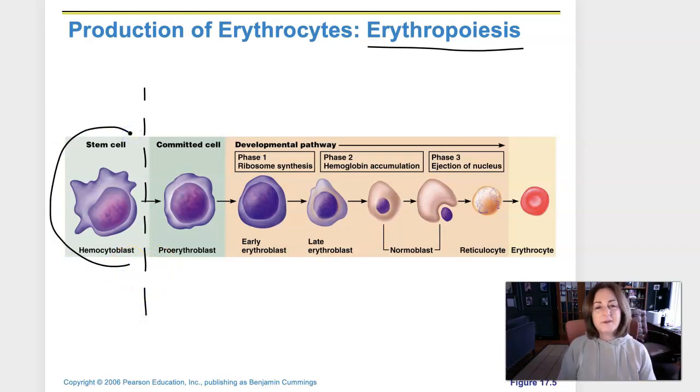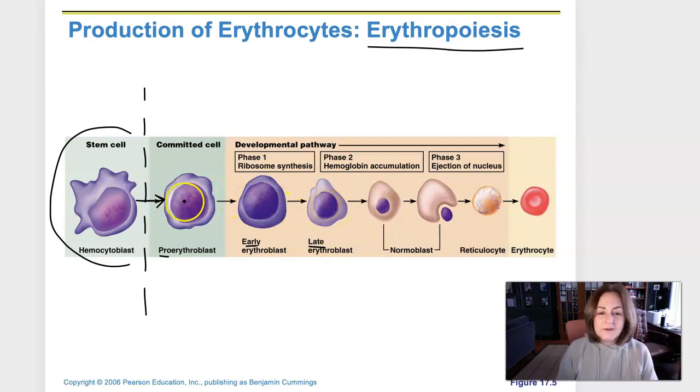That's the ultimate stem cell, the hemocytoblast. That's going to give rise to all of the rest of our blood cells. So the hemocytoblast is going to differentiate through that myeloid stem cell line into basically an erythroblast. So you can see the different stages, pro-erythroblast to an early erythroblast and late erythroblast. And notice that the red blood cell has a nucleus.